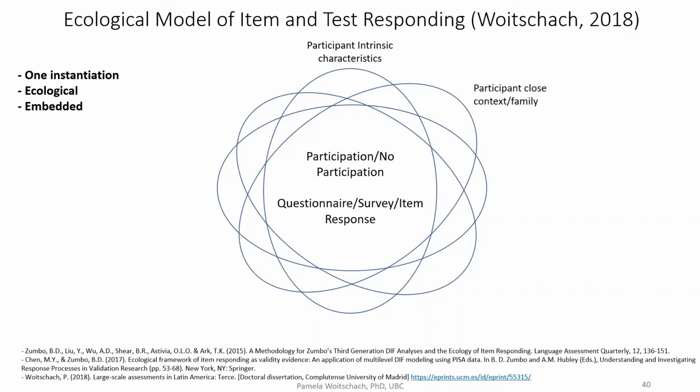Then, the participant context, that can be their family and the values they share based on their own experience in life. A third ingredient is the community to which participants belong and its background characteristics.